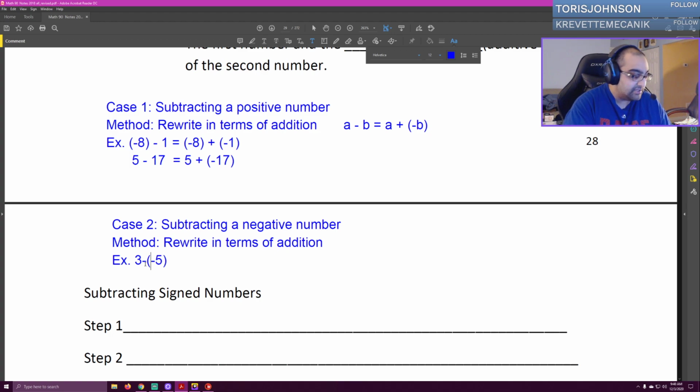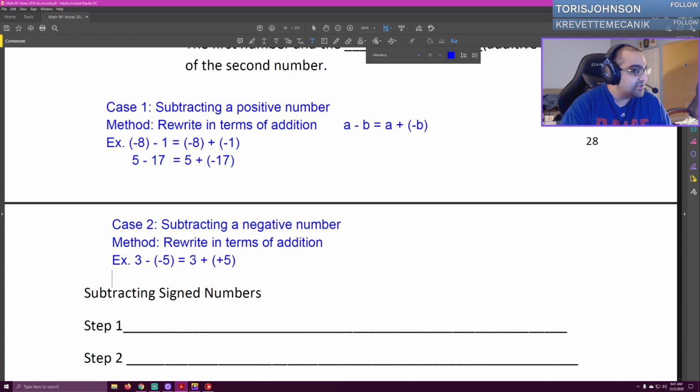So let's say these are my two numbers, 3 minus -5. Now, all we want to do here is say the negative of a negative is going to be a positive. A lot of people like to write 3 plus +5. People do this quite often, and this is perfectly fine. A lot of people like this because it's easier to change both signs to a positive, and then you've got a winner.